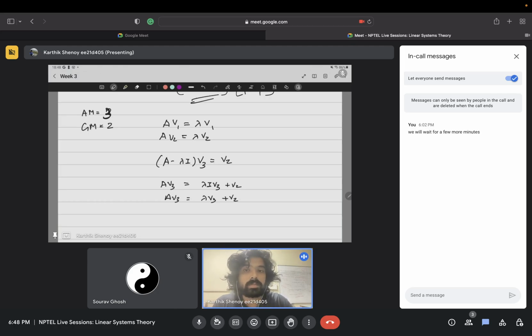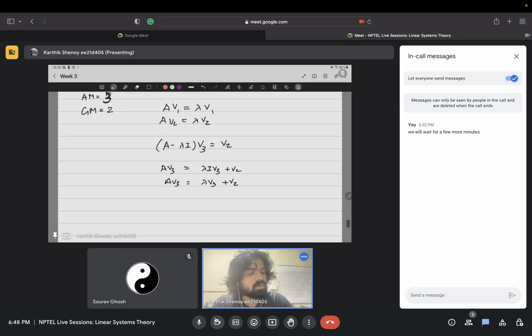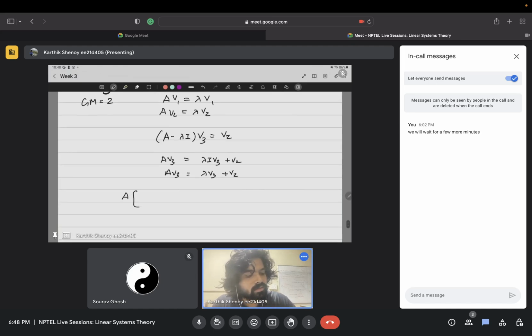Or it could be V1 also, you can write it as V1, it does not matter. In this case I am just writing V2. So how will I write this finally? A times V1, V2, V3 is lambda V1, lambda V2, lambda V3 plus V2.